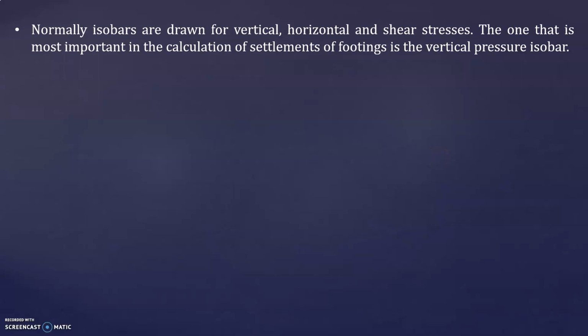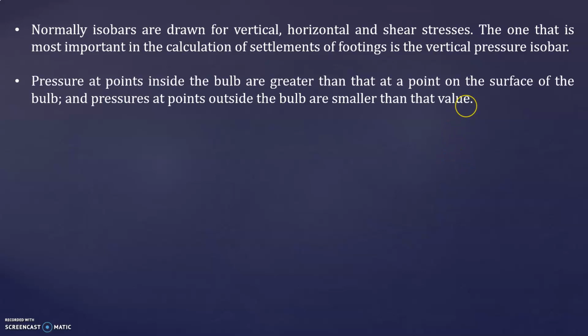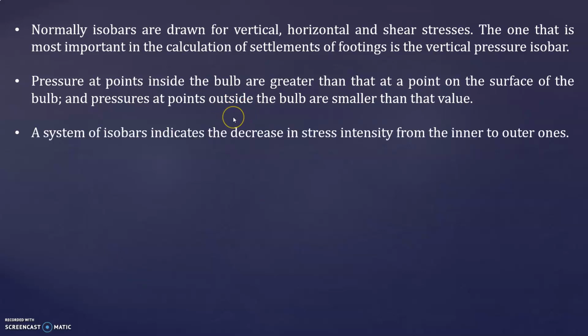The one that is most important in the calculation of settlements of footings is the vertical pressure isobar. Pressure at points inside the bulb is always greater than at a point on the surface of the bulb, and pressure at points outside the bulb is smaller.